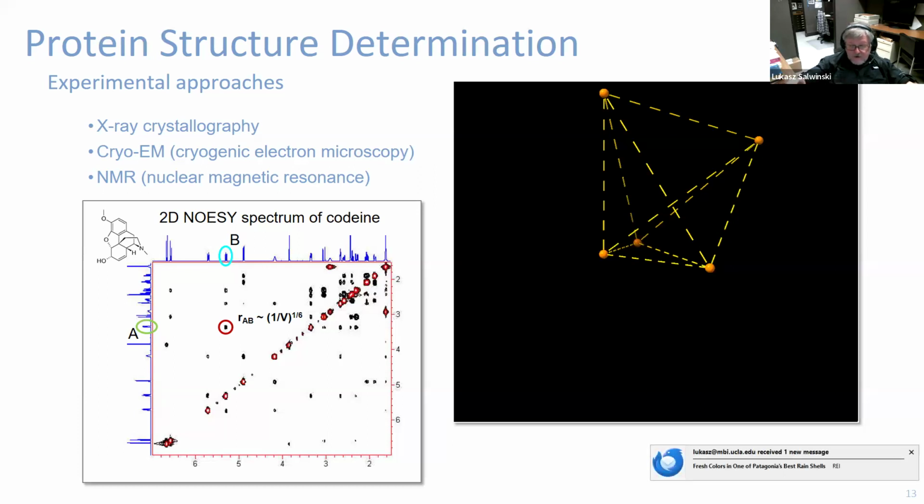But nonetheless, there are quite a few structures determined by NMR that wouldn't be possible to obtain in other ways. So that's yet a third major way of getting the protein structure. And that's the source of the data that you see in the PDB.